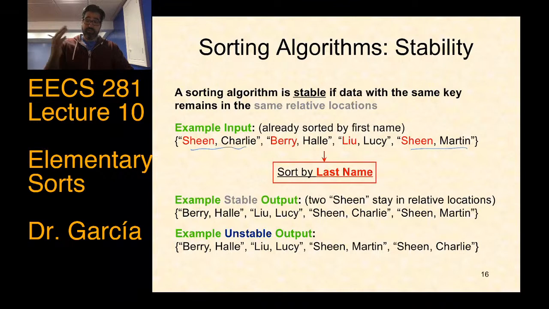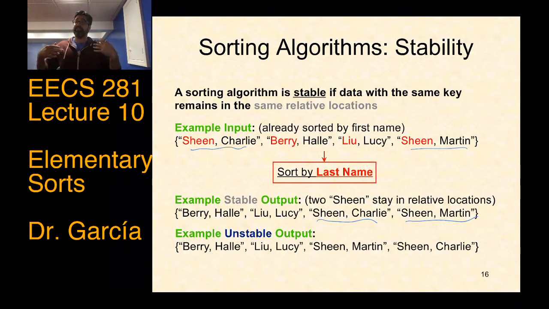So that would mean that after I run my sorting algorithm, the output is stable if the same order that I had for Charlie Sheen and Martin Sheen is the same order that I see in the output. Here, Charlie Sheen did indeed come before Martin Sheen, so that is a stable output.